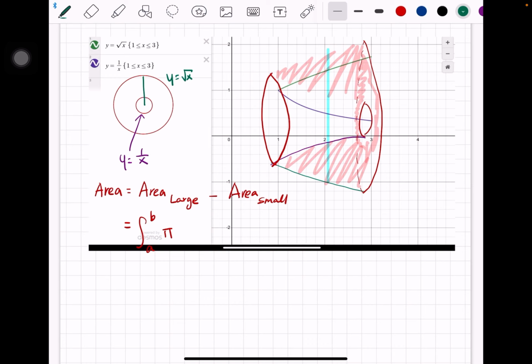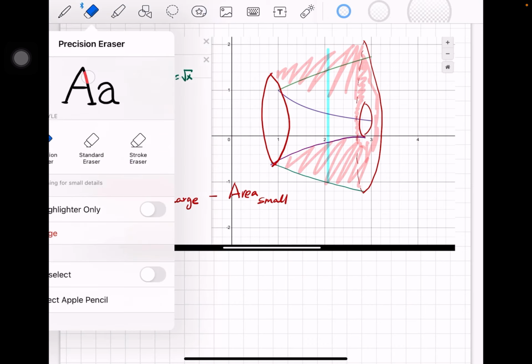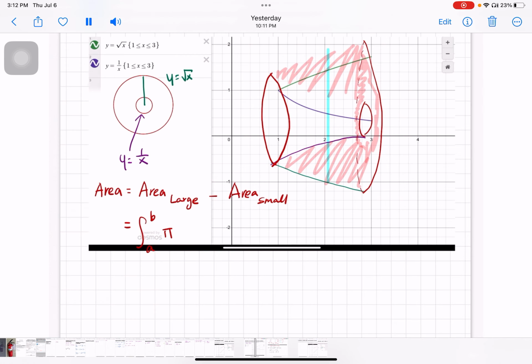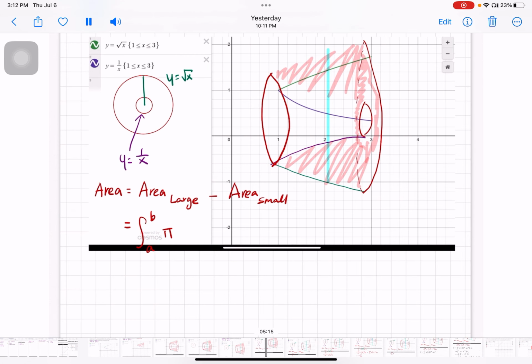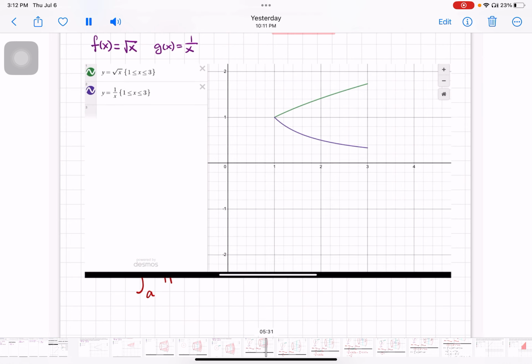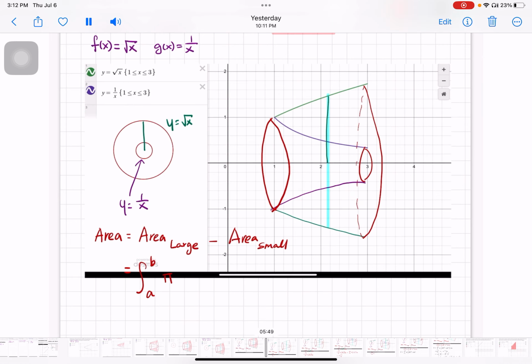And then the area of the circle is pi r squared. Let's fast forward a little bit. Okay.